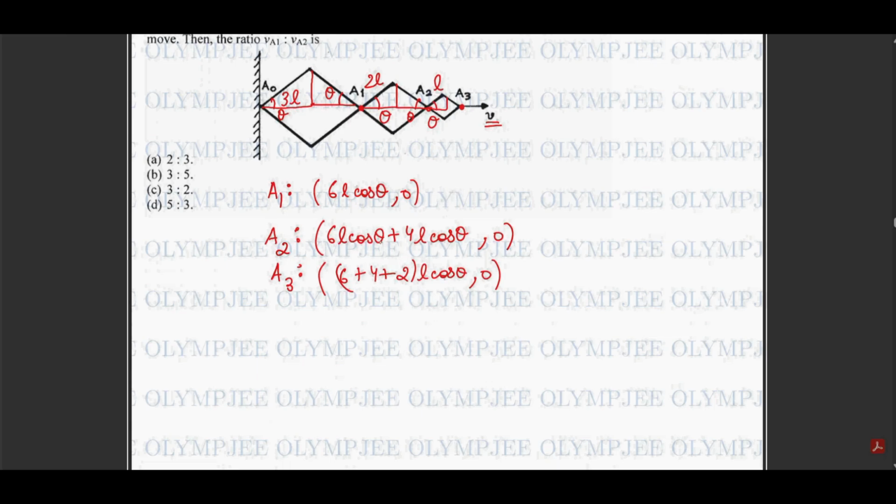And if we differentiate, then we will get the velocity of A1, A2, A3. And finally, we will reach the conclusion that this is equal to the summation of length.